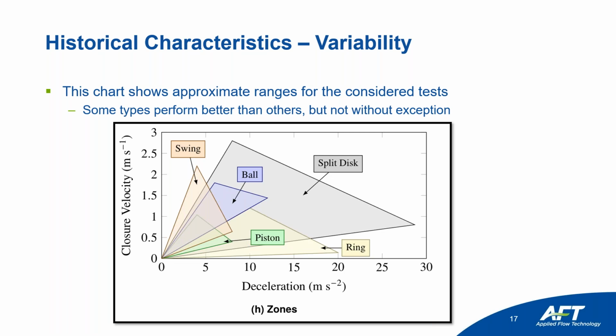Generally, a swing check is better than a ring nozzle type check valve, but there's a lot of overlap here and just a lot of range. So be careful, especially in Impulse, if you just say, well, I selected a swing check or I selected split disc. If you can come back later with the actual specification and put that data in, that's always a good idea.